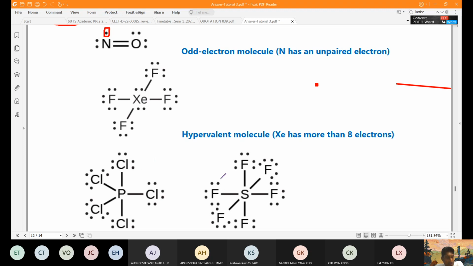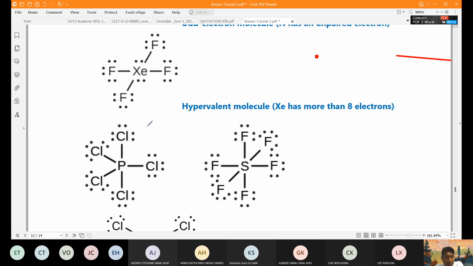The same thing goes for phosphorus and sulfur. Phosphorus can produce PCl3, so 3 chlorides, and PCl5, so 5. So phosphorus can go beyond the octet to some extent.